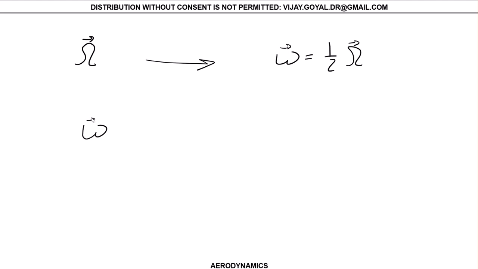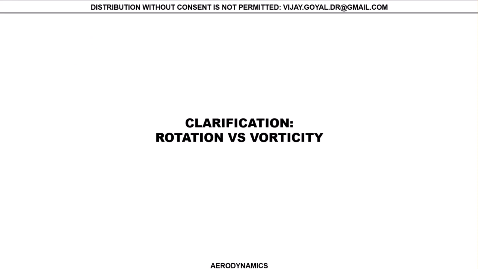What happens if I already know what my rotation is, or my small omega? Then I don't have to recalculate anything, just multiply by 2 times small omega, and I can answer the questions of vorticity. Here I answer the questions on circulation. I hope this clarifies the concept of circulation and vorticity.